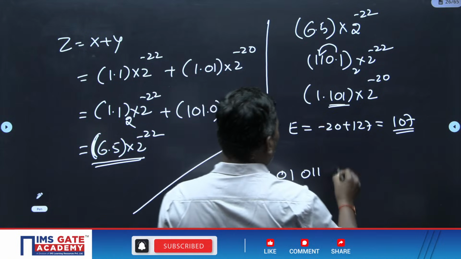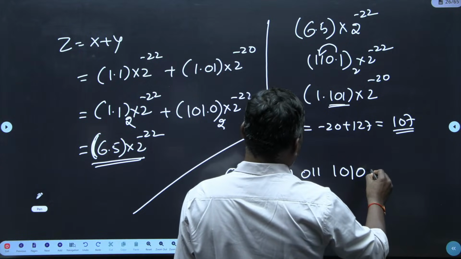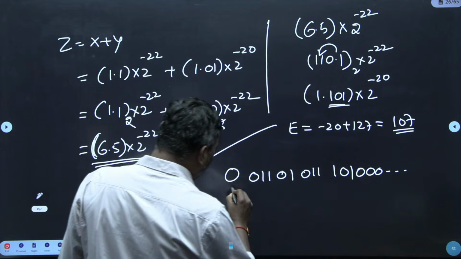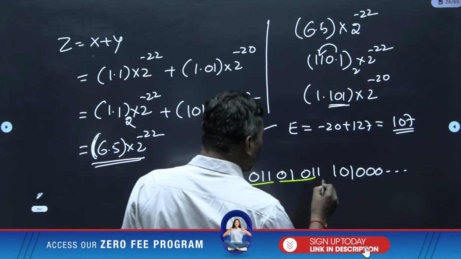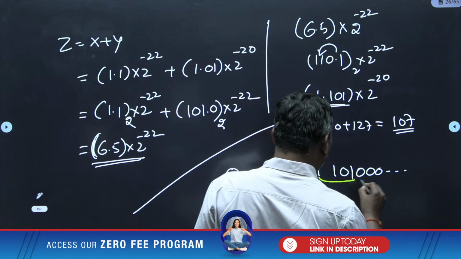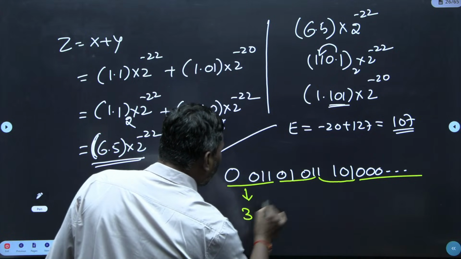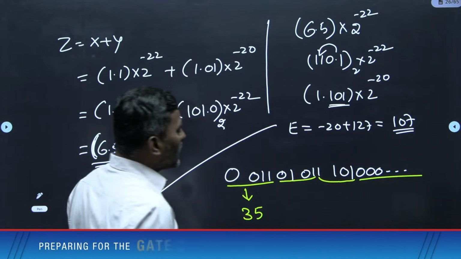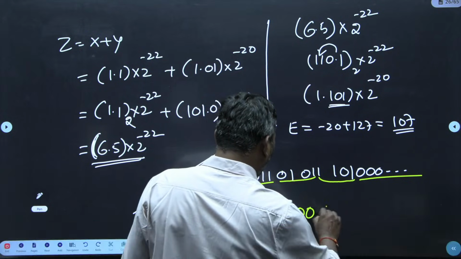What is the mantissa here? 101, and the rest are zeros. Grouping in four digits gives 0 triple 1 3, this is 5 3 5 D D. Now the remaining zeros I have to keep.